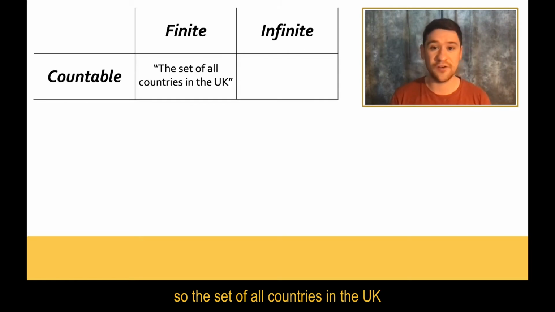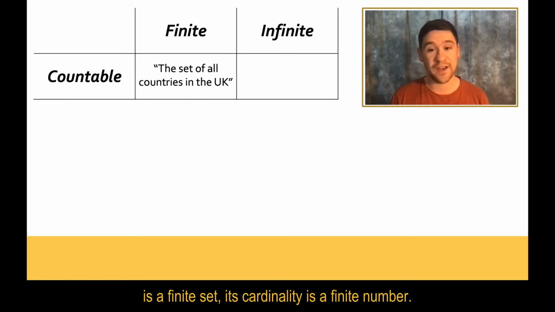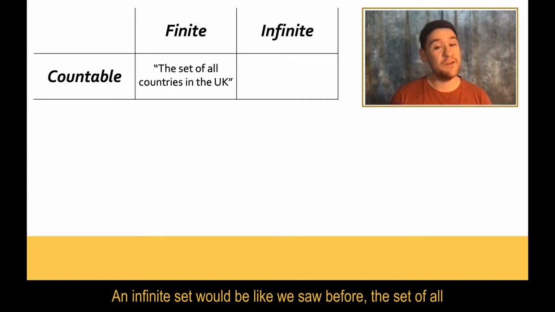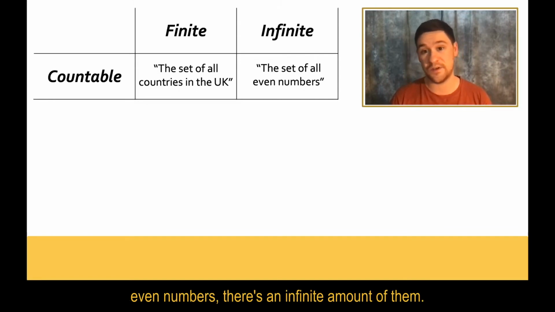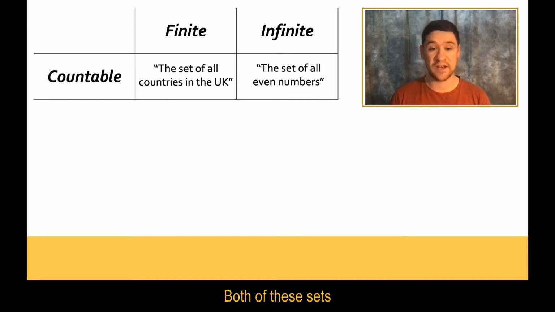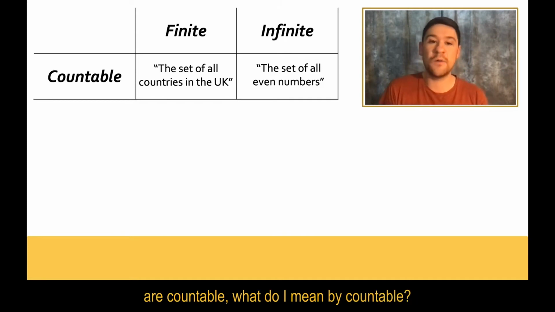So the set of all countries in the UK is a finite set, its cardinality is a finite number. An infinite set would be, like we saw before, the set of all even numbers. There's an infinite amount of them. But both of these sets are countable. What do I mean by countable?